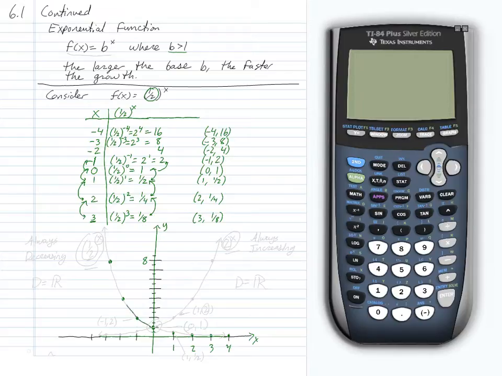But we can connect these up. Our graph will exhibit this same basic shape, getting larger and larger as we go off to the left, getting smaller and smaller, closer and closer to 0 now as we go off to the right.